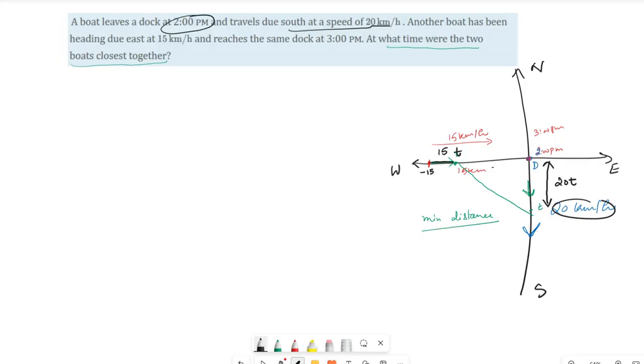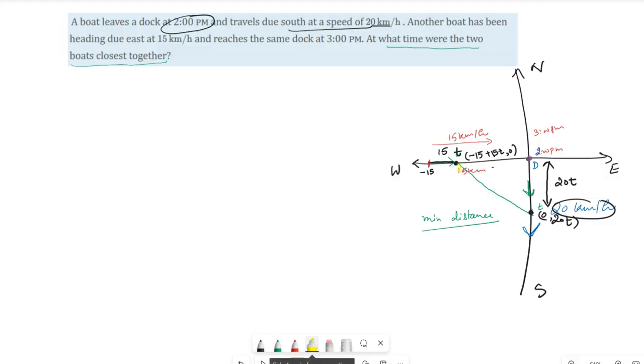What are the coordinates of this point? That would be negative 15 plus 15t. What will be the coordinates of the blue boat? The x coordinate is 0, the y coordinate will be 20t. And the x coordinate of the other boat is negative 15 plus 15t, and the y coordinate is 0.